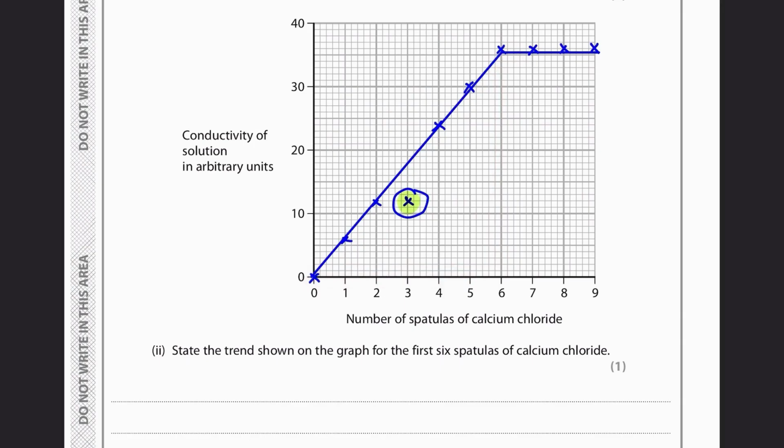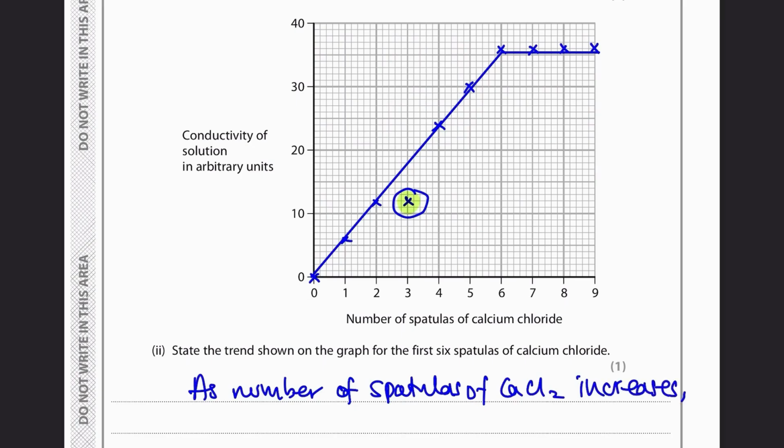So as the number of spatulas of calcium chloride increases, the conductivity also increases. This is also called a proportional, or you can even say a directly proportional relationship.